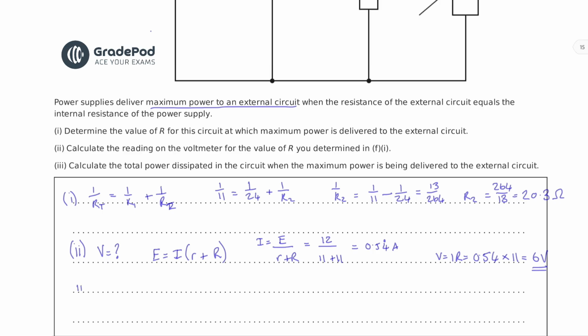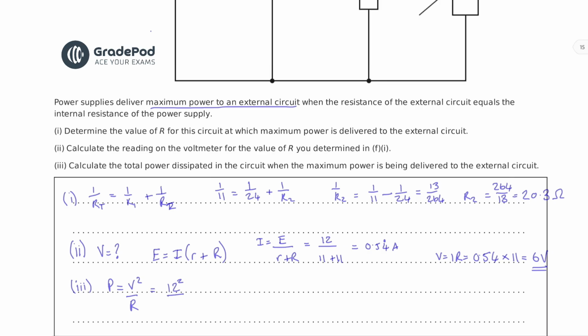And finally, question 3 says calculate the total power dissipated in the circuit when maximum power is delivered to the external circuit. So P equals V squared over R. We're going to pop the total voltage in, which is 12.